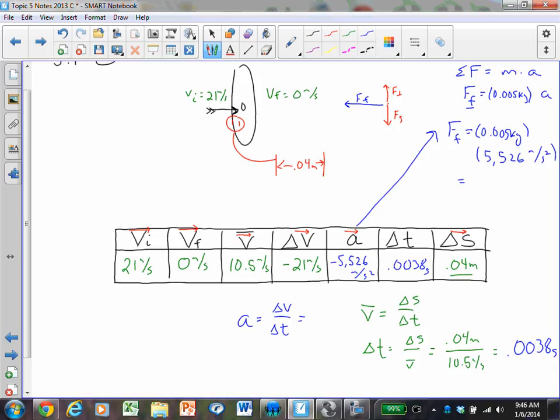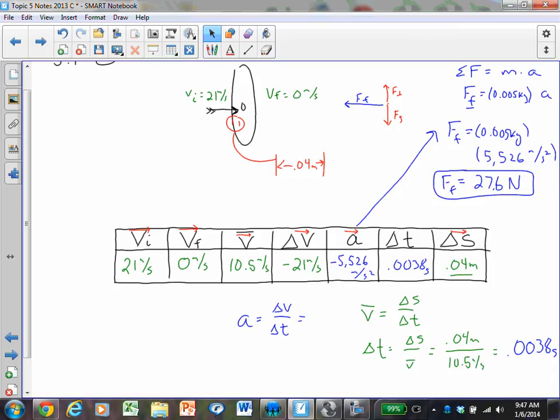The negative would just mean that it's acting back against it, slowing it down. That gives minus 27.6. What's my units? Newtons, right?